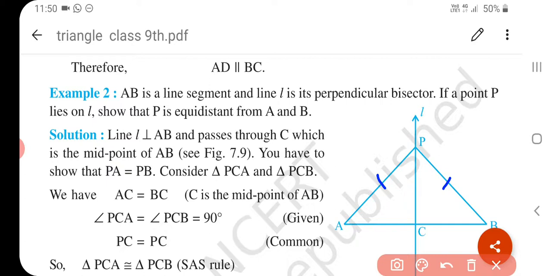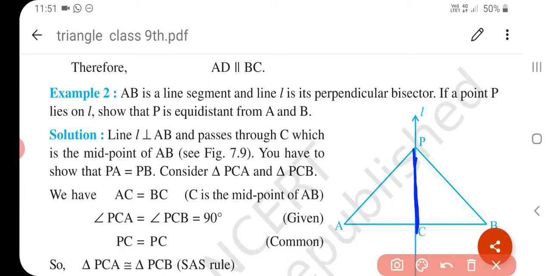Now angle PCA is equal to angle PCB is equal to 90 degrees because this is perpendicular. Perpendicular means both sides have 90 degrees, and it's a linear pair, that is 180 degrees. Okay, understand? And PC is equal to PC. This line is common in both triangles. If we talk about triangles PAC and PBC, PC is the common line.